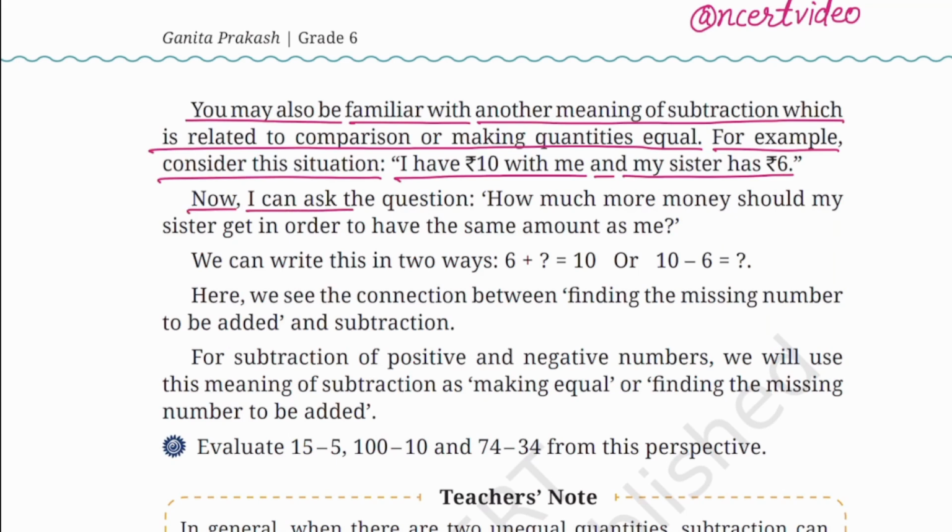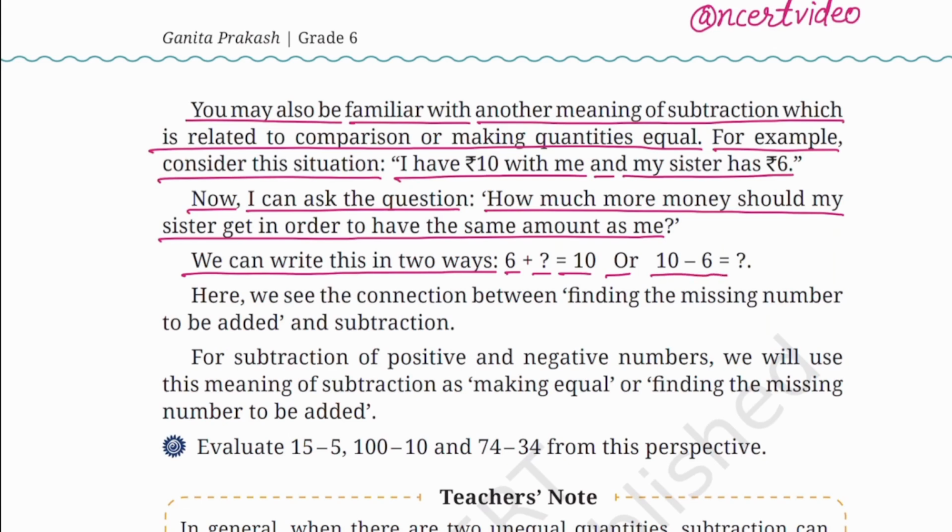Now I can ask the question, how much more money should my sister get in order to have the same amount as me? We can write this in two ways. 6 plus question mark is equal to 10, or 10 minus 6 is equal to question mark. Here we see the connection between finding the missing number to be added and subtraction.